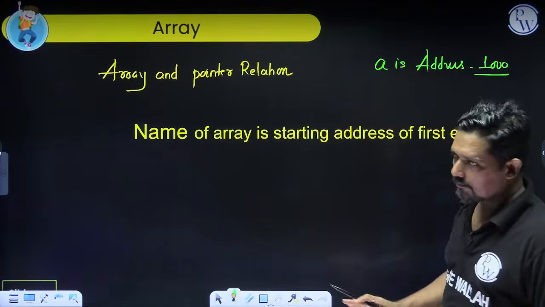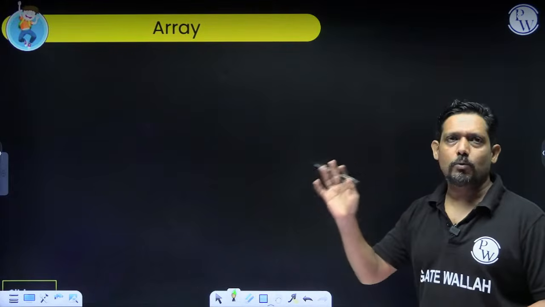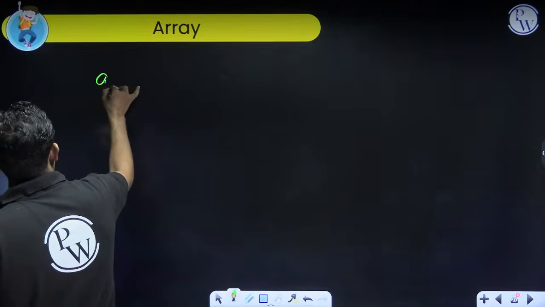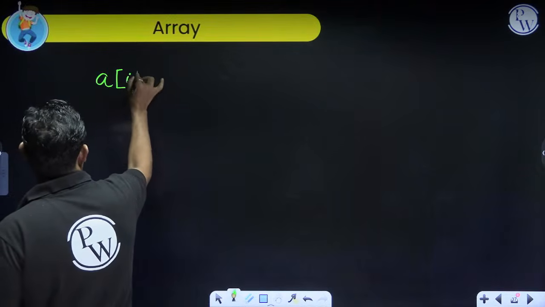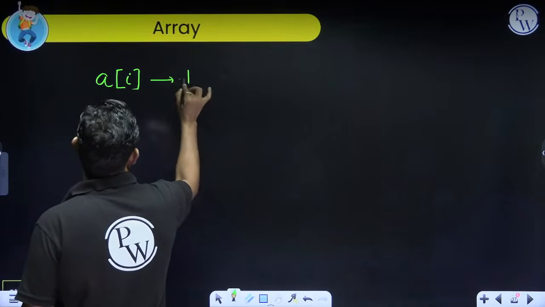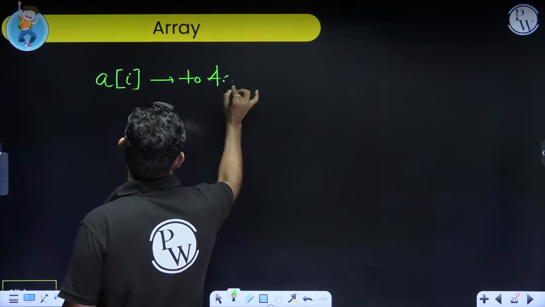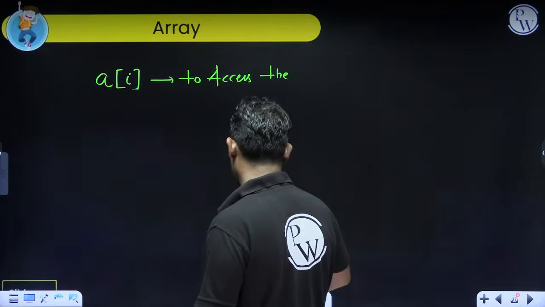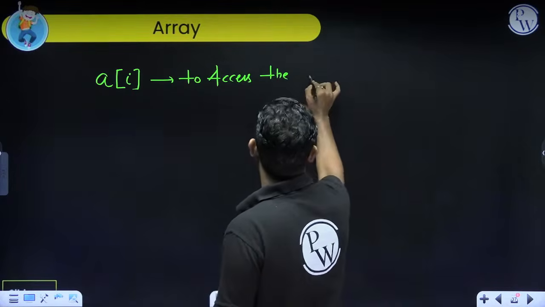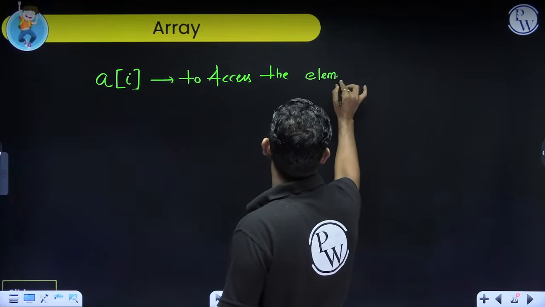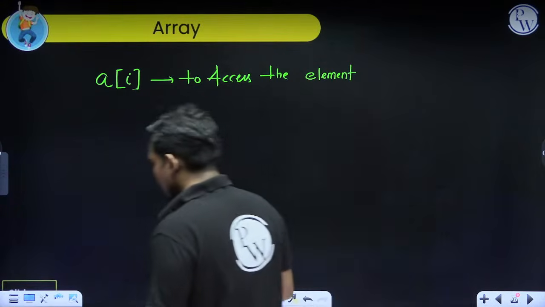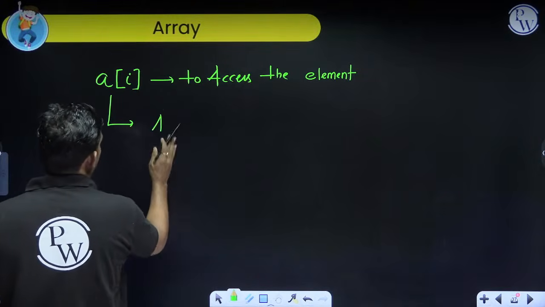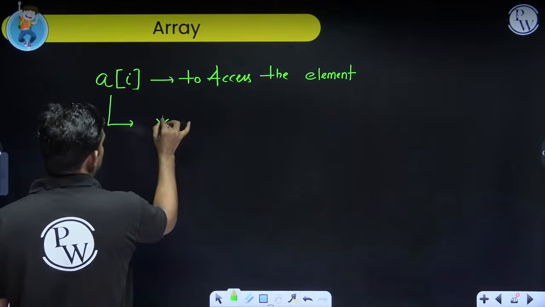Now, let me give you one more understanding of the array. When I say A[i], to access the element, this can be expanded. If you know, fine. If you don't know, then understand.